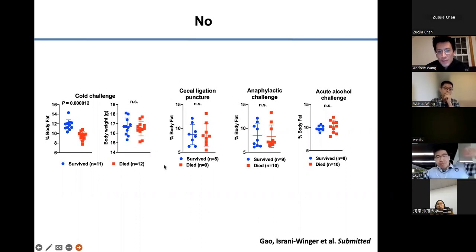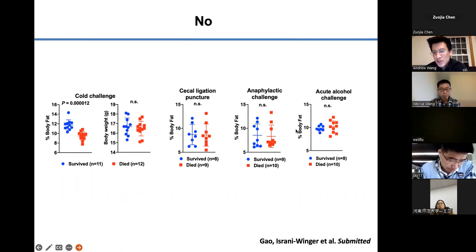But if you did, for example, the gold standard model for bacterial sepsis, where you surgically open the mouse, take out the cecum, tie off the end, poke it, and then let the bacteria spill into the gut and cause sepsis this way, it's not the slightly fatter mice that end up being the ones that die.